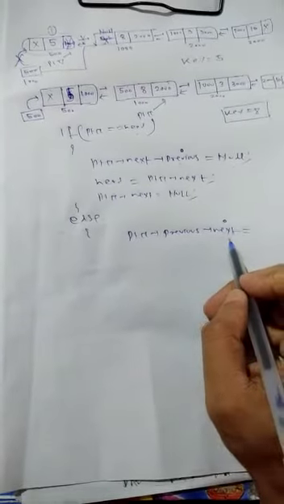This is the L value, that means this next part will be updated. What? Ptr next. This next part will be updated to ptr next. What is the ptr next? It is 2000. I am updating to 2000. That means now this link will be disconnected.